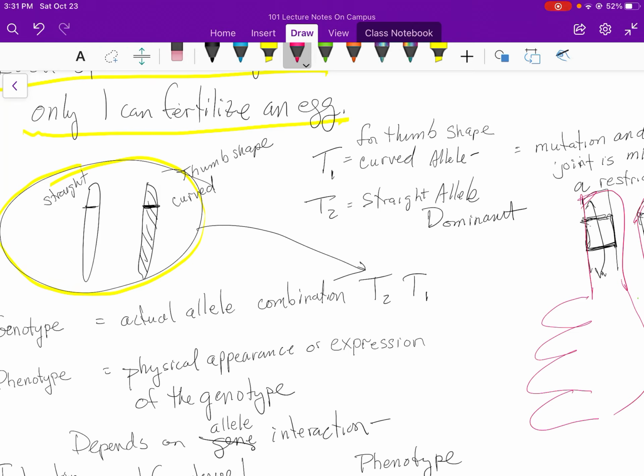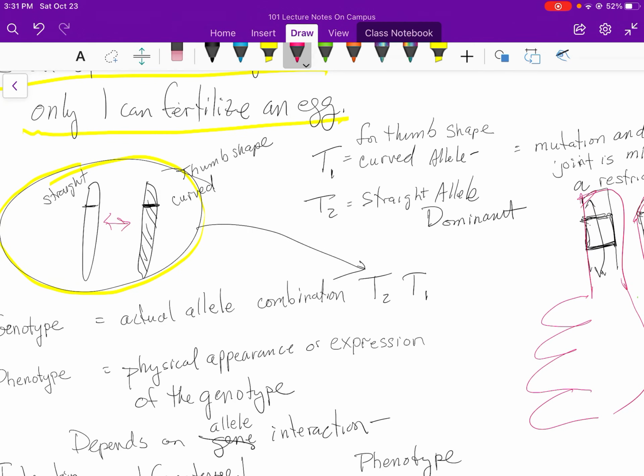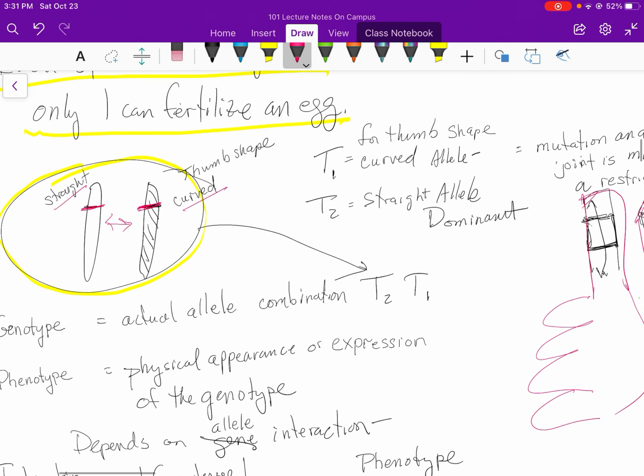So what I did was I gave you this idea over here that my two copies, your two different homologs of this particular chromosome, and I put the thumb gene on here in this place. You can see that I've got the straight on one and curved on the other. So this individual has the gene located for thumb shape.